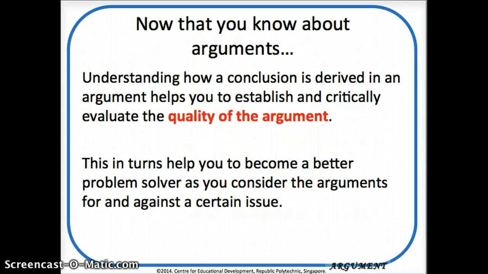So now you know what is an argument and what are the types of arguments, namely inductive and deductive arguments. You will gain a better understanding of how a conclusion is derived in an argument, and this will help you to establish and critically evaluate the quality of the argument. This in turn helps you to become a better problem solver as you consider the arguments for and against a certain issue.